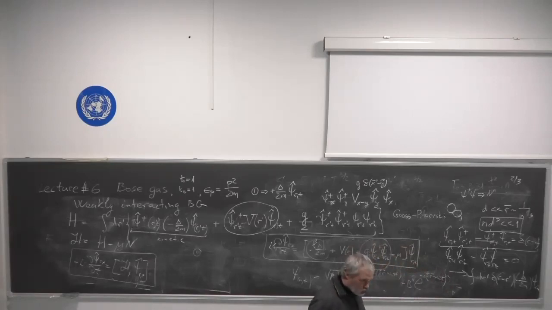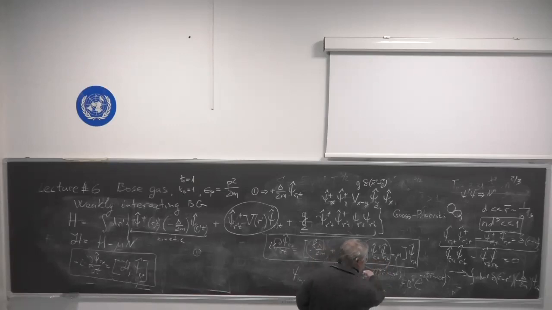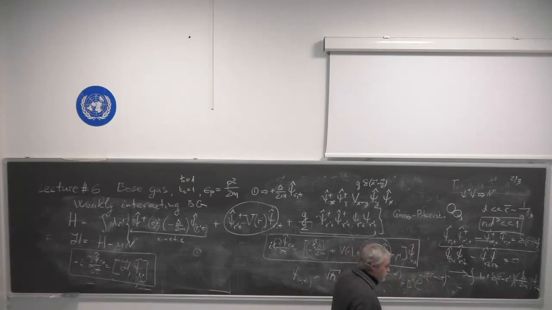So I look for a solution of this nonlinear Schrödinger equation as a very large number, square root of 10 to the power 23, plus some oscillating solutions. I told you that there is a macroscopic number of particles sitting in the condensate, this is this, and there are some particles sitting out of the condensate. For an ideal Bose gas, all particles are sitting in the condensate at temperature equal to 0.